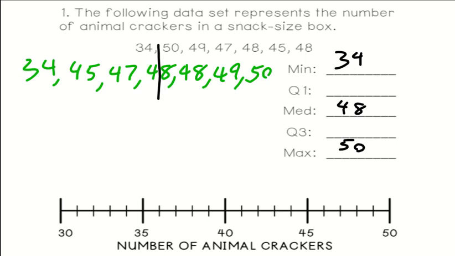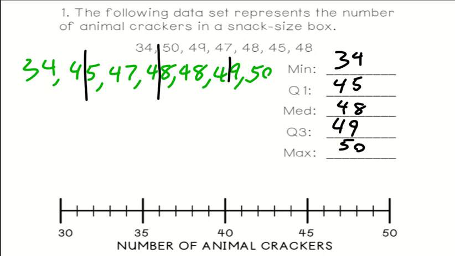Gray? 45 is correct. Q1 is the median of the lower half, so that makes it 45. Q3, Robert? 49 is correct. That's the median of the upper half.